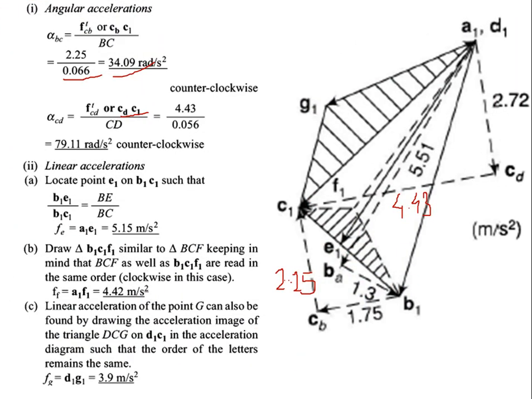So 4.43 I am taking. 4.43 divided by 0.056, that is the length of the link CD, you get 79.11 radians per second square. So you got this value.